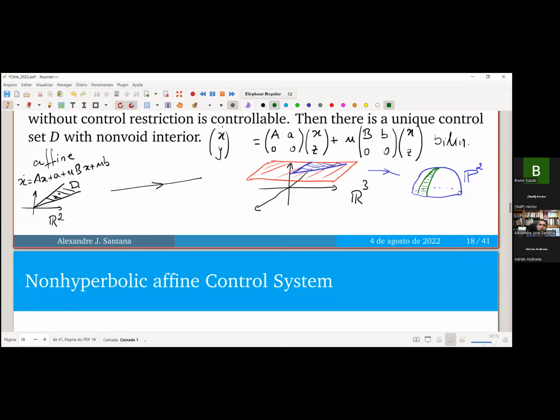Then, for example, we can call D1 this guy here, and we call this new cone in this projective space PD.